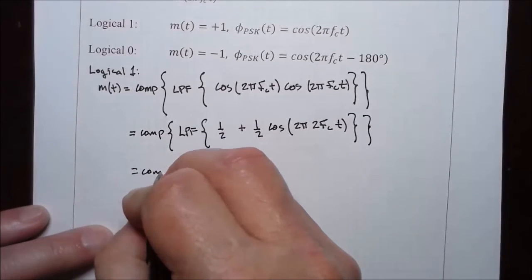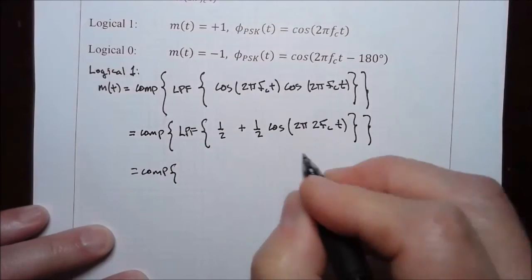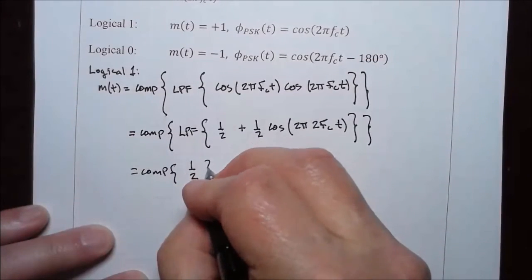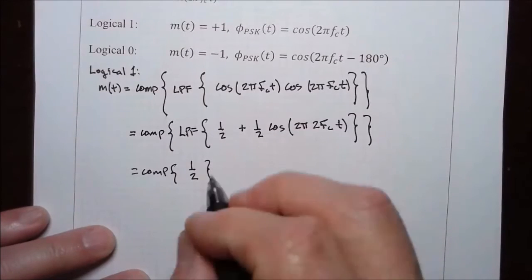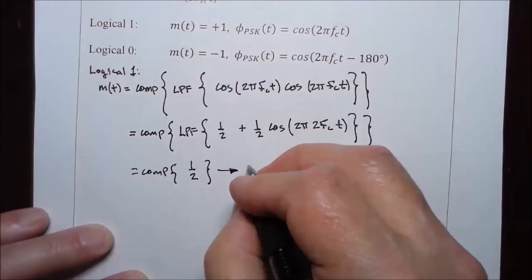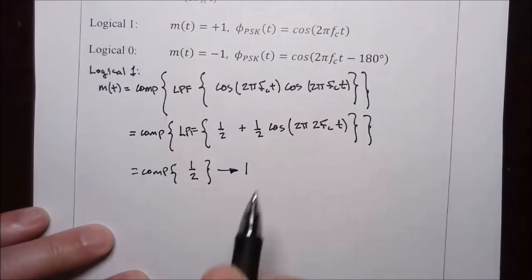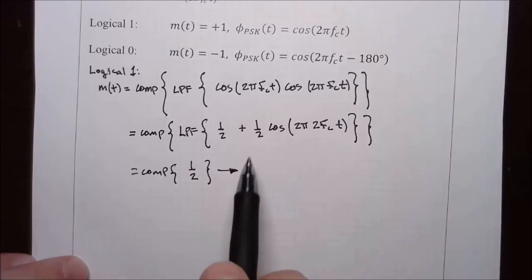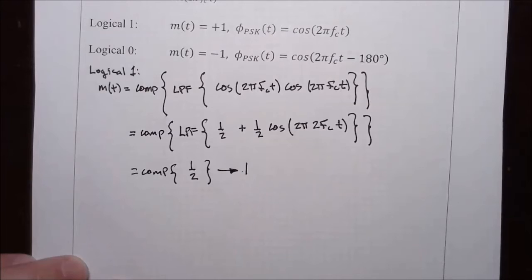So we have the comparator operating on 1/2. Let's say the comparator makes this value go to a 1. So we've now recovered the message signal for the logical 1.